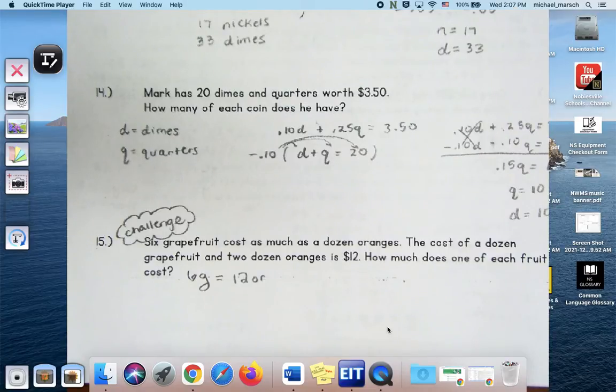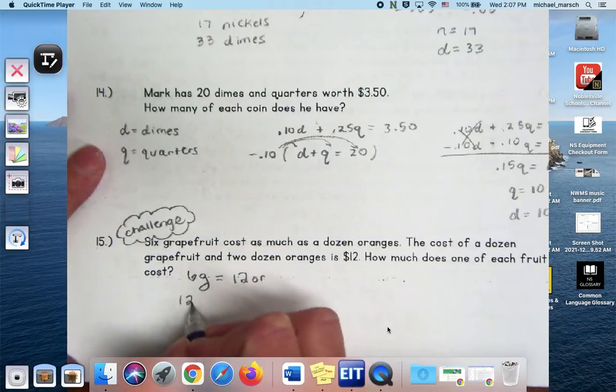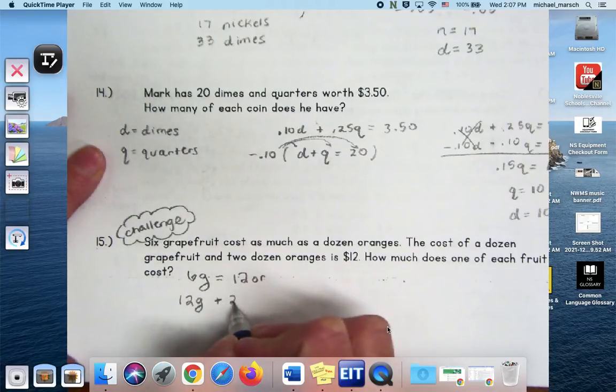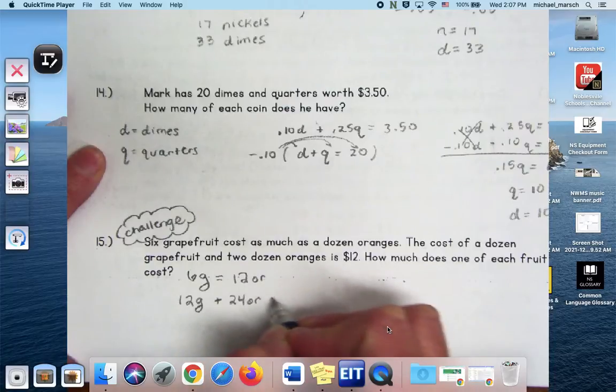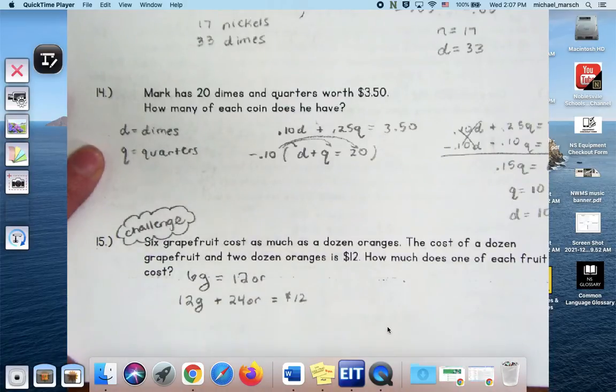The cost of a dozen grapefruit and 2 dozen oranges equals $12. So 12 grapefruit plus 24 oranges equals $12.